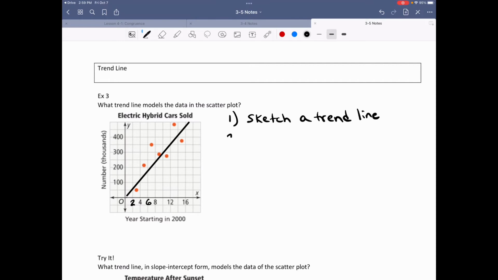The second thing we're going to do is we're going to write an equation from 2 points. And we're going to pick 2 points that are on the line.